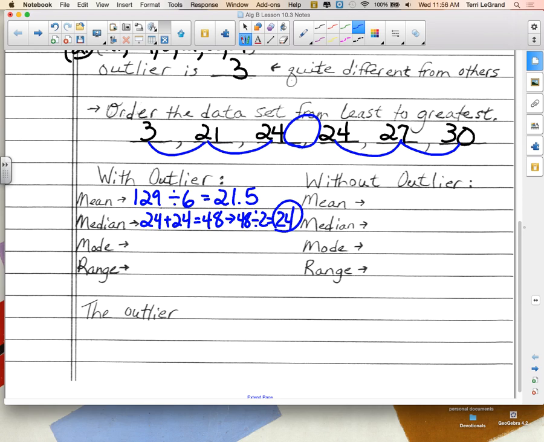Now, I want you guys to look up and see what I did to the median and tell me, did I really need to do what I did? 24 plus 24 equals 48 divided by 2. No. No, because what do I really have to find? The middle between 24 and 24. Well, what's that going to be? 24. If both of the middle pieces that you land on are the same number, that ends up being your median because there's nothing in between 24 and 24.